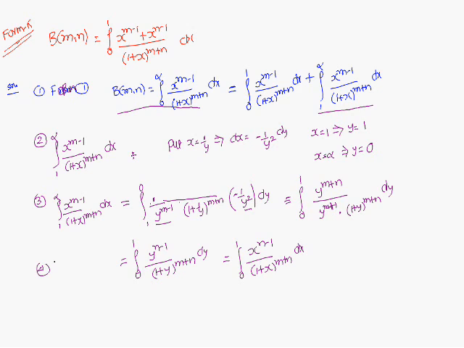So this is the integral 1 to infinity x power m minus 1 by 1 plus x whole power m plus n dx value. That means this value is this much.